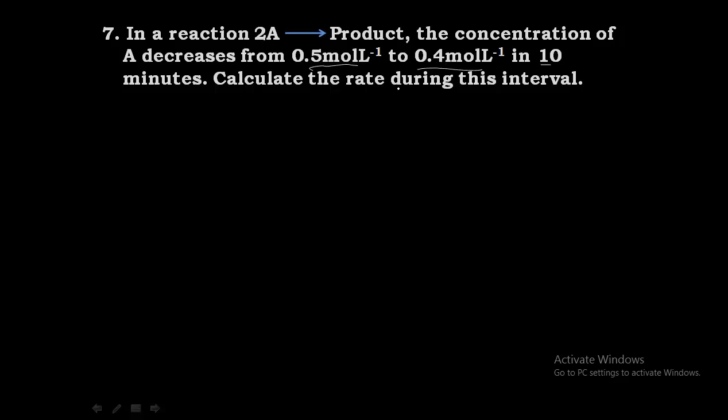You have to calculate the rate during this interval. Remember, the change in concentration of reactant or product in a given interval of time is the average rate that you have already studied in the theory class.